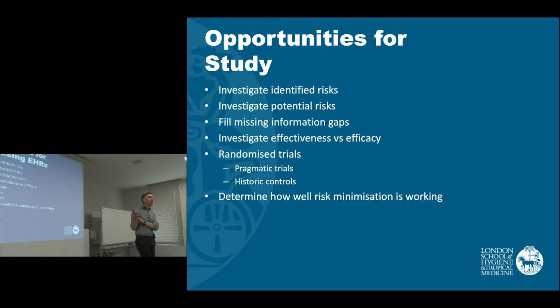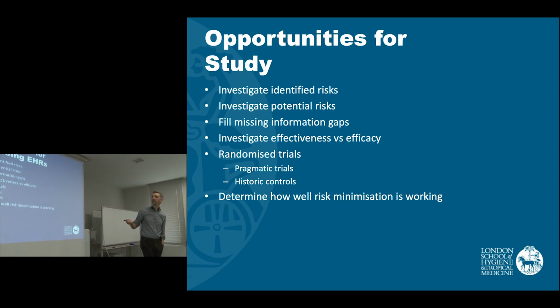I'm going to go through a series of examples now, which are opportunities where electronic health records can be really helpful for studying these various types of things. We're going to look at investigating known risks, potential risks, and filling gaps in our information.